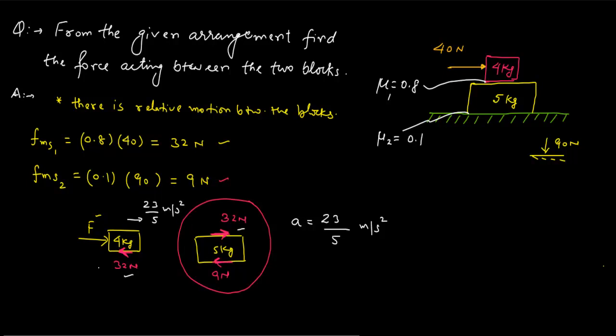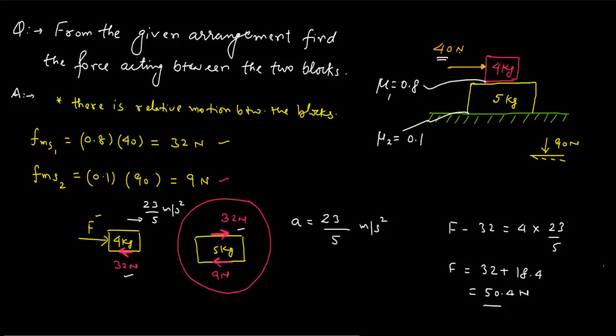Now if I apply Newton's second law on this block of 4 kilogram, I can write F minus 32 is equal to mass of the block into its acceleration, and if we solve it, we get force as 32 plus 18.4, and that gives us 50.4 Newton. But in our situation here, what is the force that is acting? It is 40 Newton.